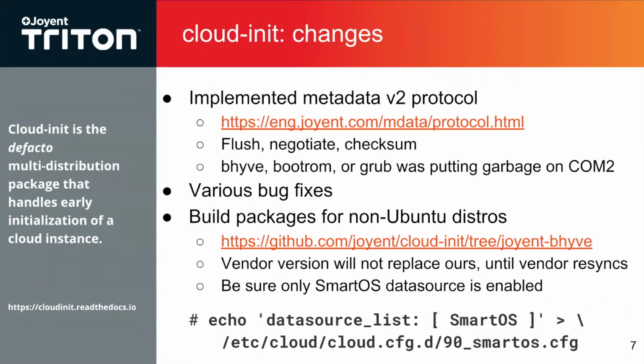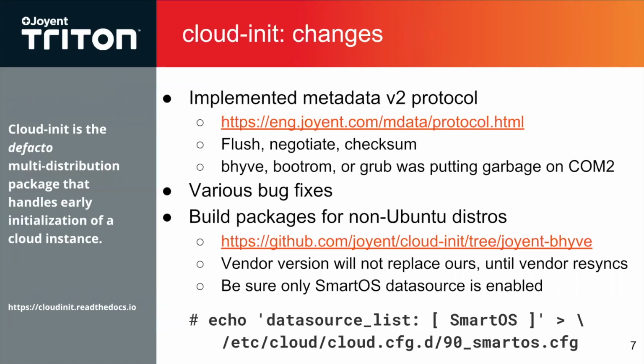I put that into a README that's in the Joyent Bhyve branch of the cloud-init fork that we have, and so built packages for various CentOS versions and Debian, and I think Ubuntu 14.04. I don't think they updated. They've done recent updates to cloud-init in 14.04.